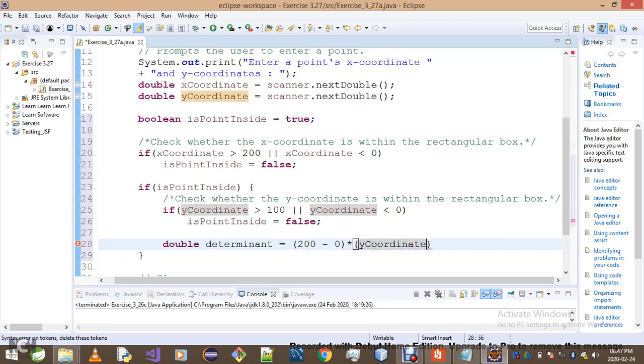Coordinates, and then I'll go 100, minus, and then we subtract from that the x coordinate minus 0.